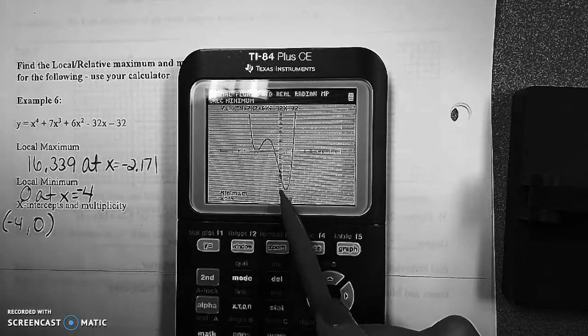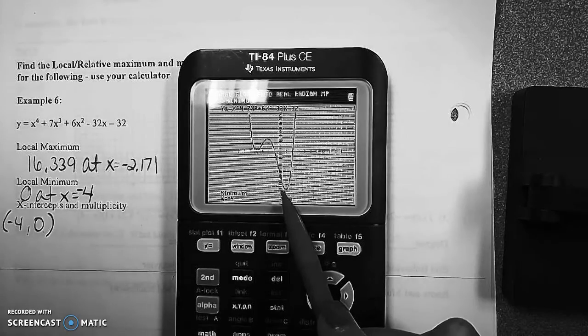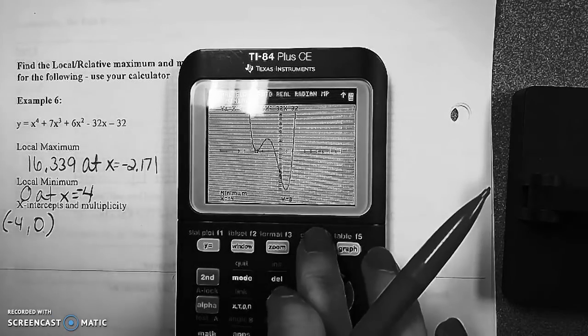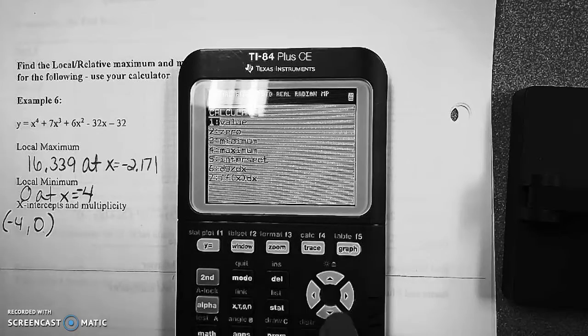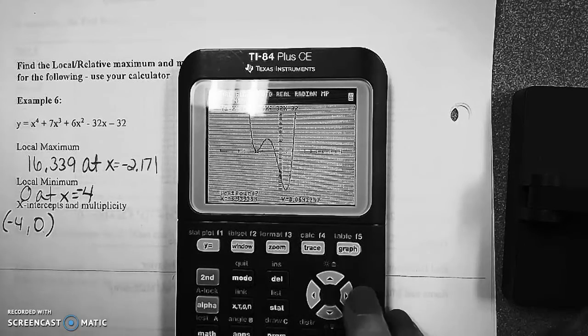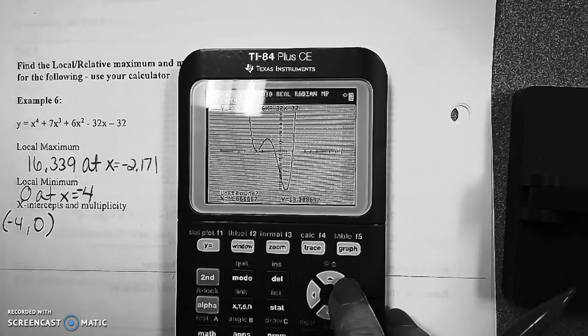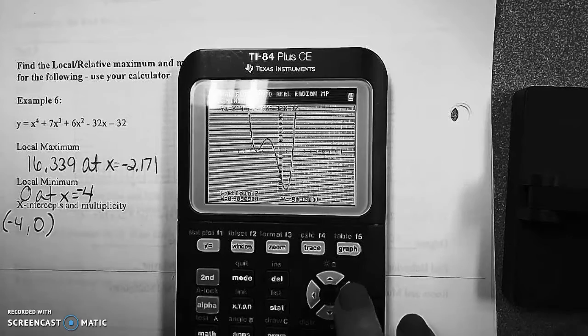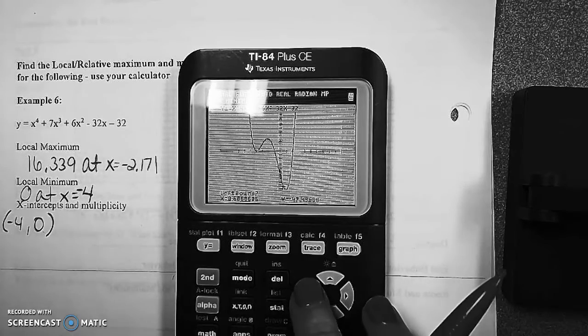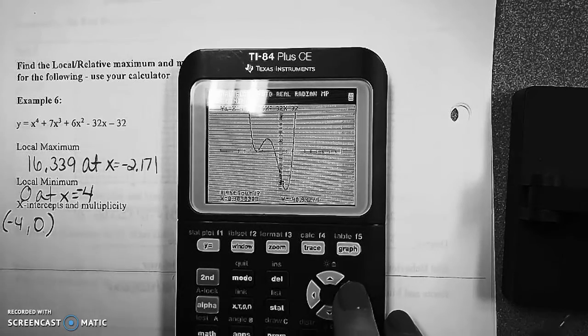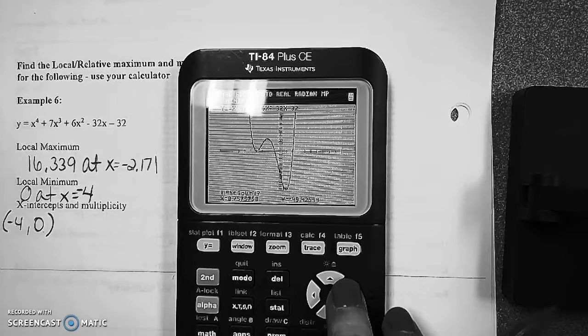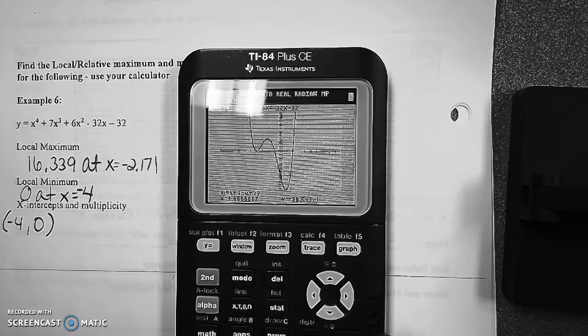I have another minimum, so I'm going to go through that process again. Second, trace, minimum. Take your cursor and scroll over to that minimum. Go to the left-hand side of it and hit enter. Go to the right-hand side of it and hit enter. Put your cursor on top of it and hit enter one more time.